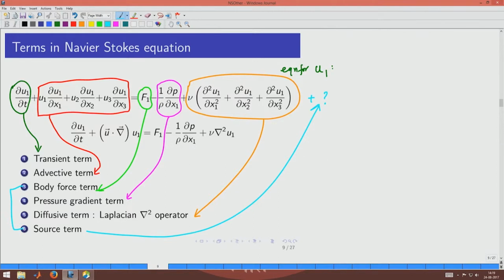In addition to what was there in the default form of the Navier Stokes equation, you give it the name source term, but otherwise it is the same as the body force term. We know this equation has come about from the integration of all these quantities over the moving control volume. So, whatever you do for F1, you also do for the source term, integration over the entire volume, and therefore they are also called body force terms.